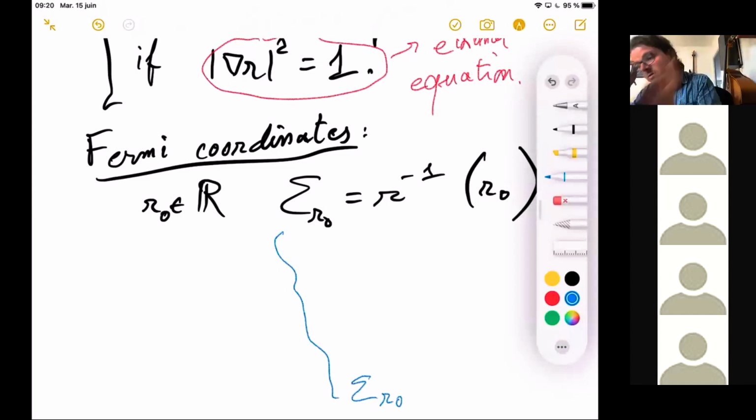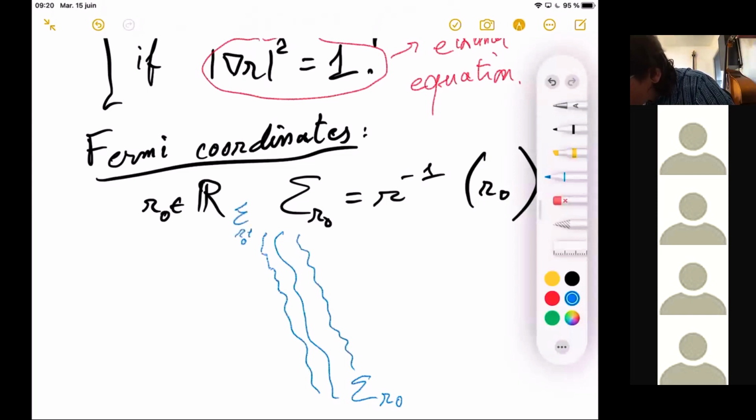At least locally, with the inverse function theorem, you have a foliation by sigma r naught minus epsilon, and here sigma r naught plus epsilon. So you have this foliation, in the neighborhood of any point, by level sets of the distance function.